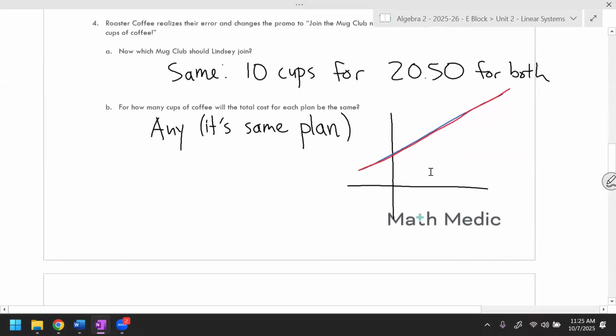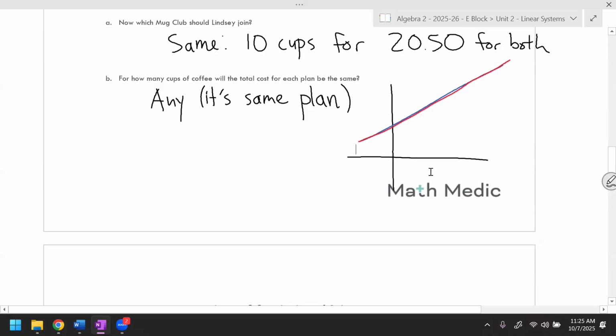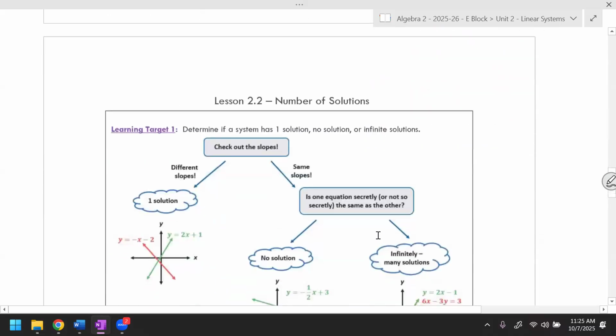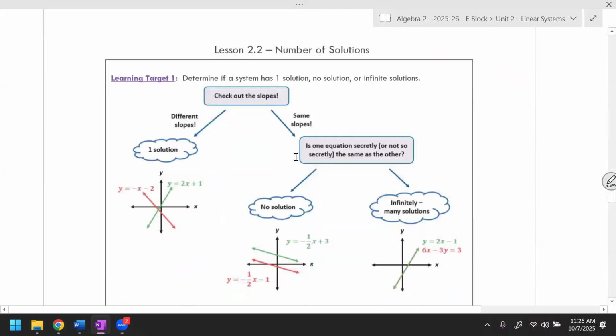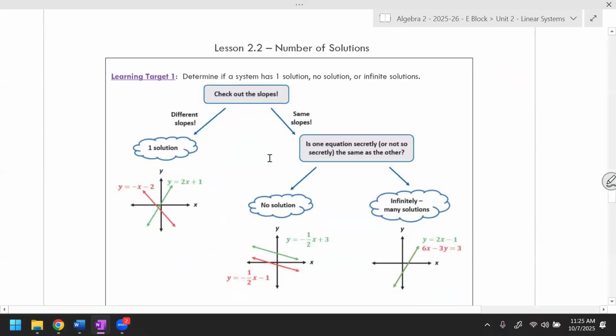When you come across a system of equations out in the wild, you might be asked not to find the actual solutions, although you can. You might just be asked how many solutions it has. The easiest way to do that is to look at this flow chart.